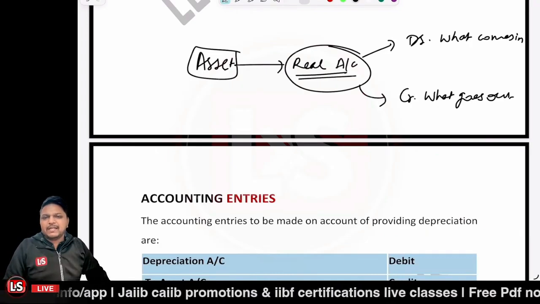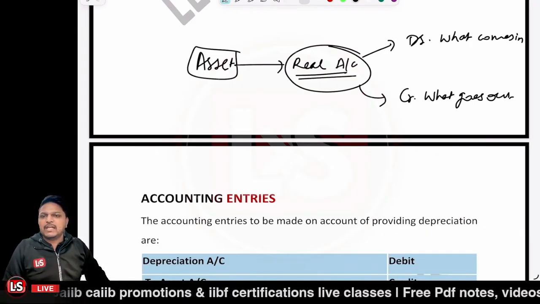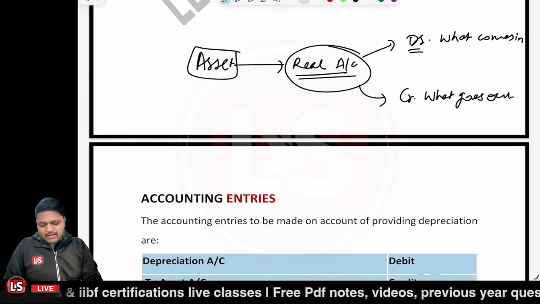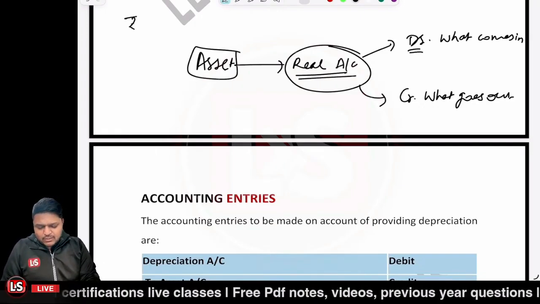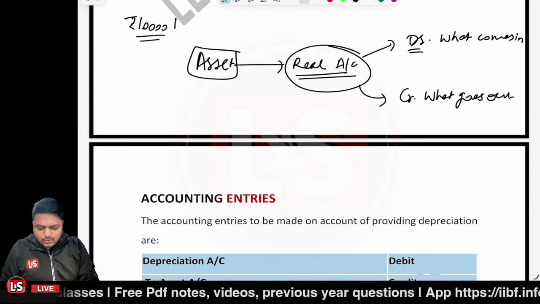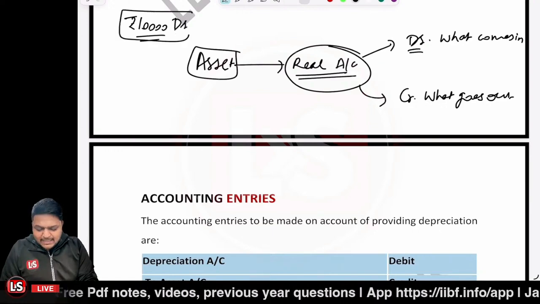Or simply, if we want to increase the value of the asset in our books, we debit it. Let's say you have rupees 10,000 with you as cash. So the cash book will show a balance of rupees 10,000 debit, because it is an asset.